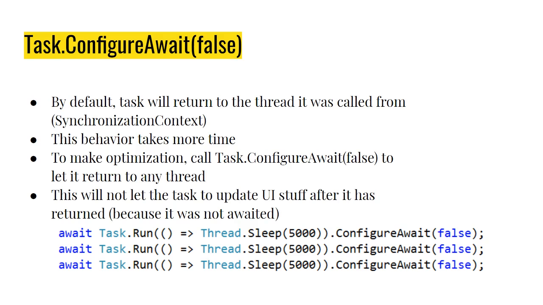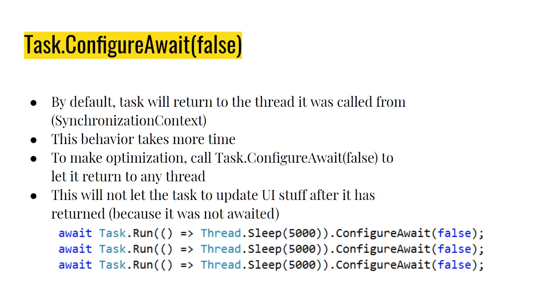By default, when you await a task and the await is done, it returns to the UI thread. But when it returns to the UI thread, it takes some time. I mean, consider this. When you run a task, it goes to another thread, to a thread pool. And then the UI thread checks if the task is done. It keeps checking it, and at the same time renders the stuff that it needs to render.